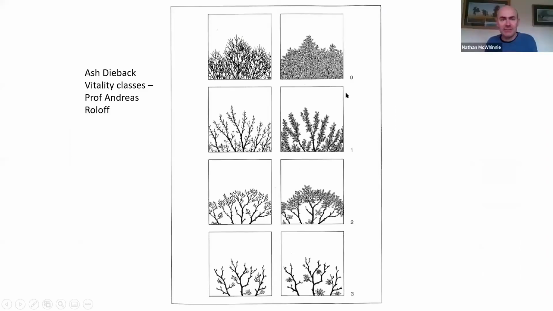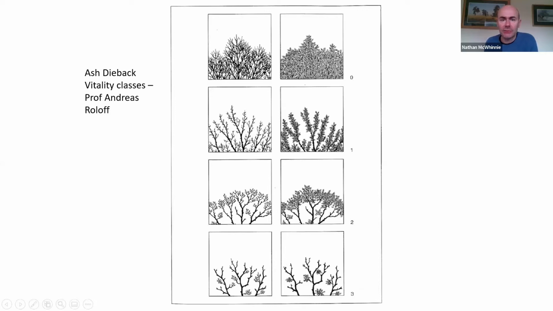Yeah, these categories were drawn up by a Professor Roloff in Germany when it was spreading through that country. So you can see on the left there, these are the same categories, the same kind of dieback increasing in winter, and then on the right you can see the trees in leaf.